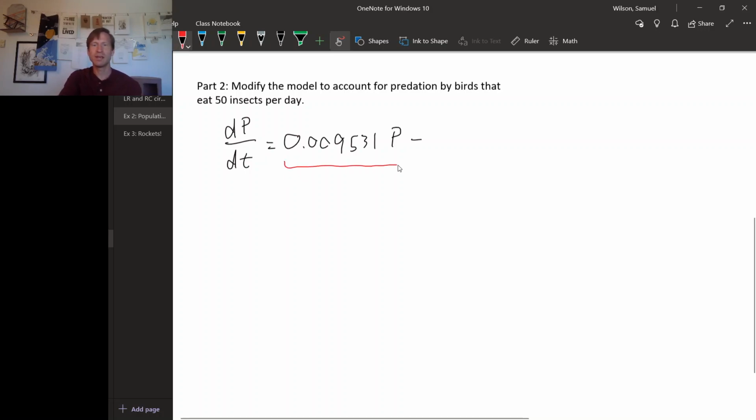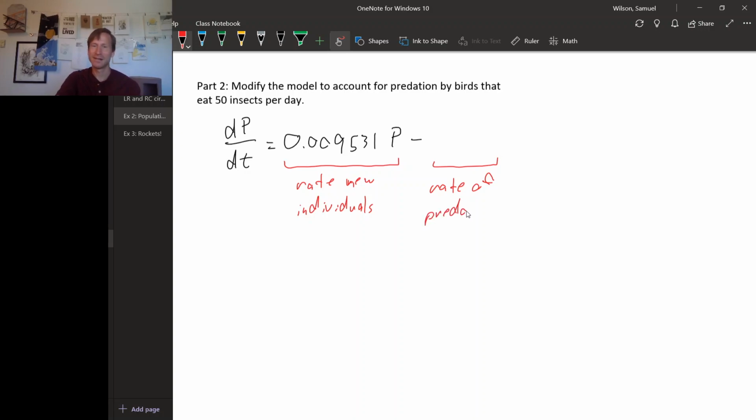This first term is the rate of new individuals. It's the rate at which new individuals are showing up in the population. So what we need to do is then subtract the rate of predation, the rate individuals are being removed from the population. And the rate of predation is 50 insects per day, so we can just write 50 here.